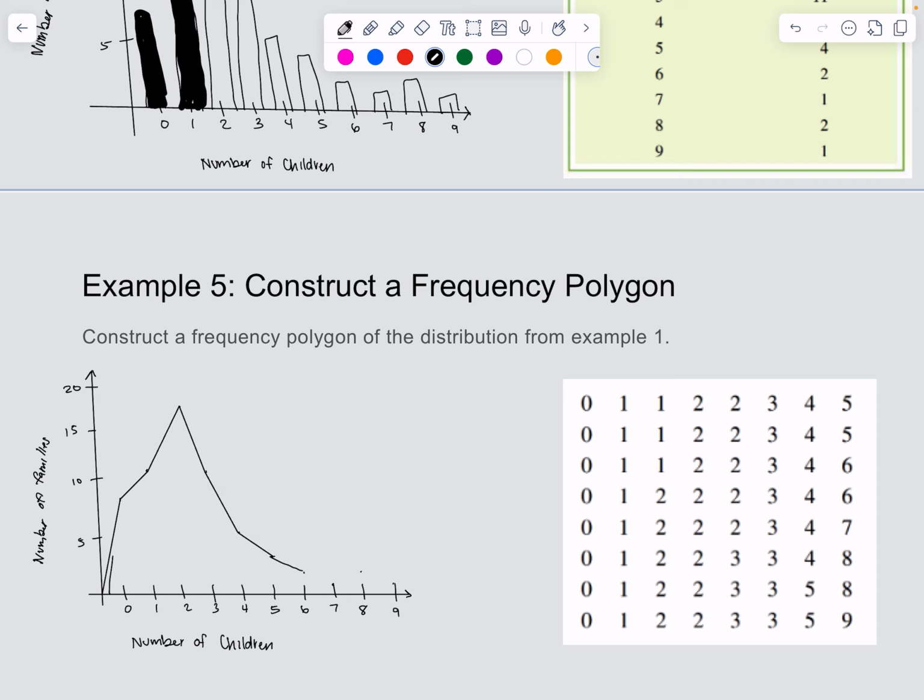We go from point to point, very straight. So it's like a jagged graph. And that is our frequency polygon, except for this one. There. And I guess we can make this go down to 0, too.